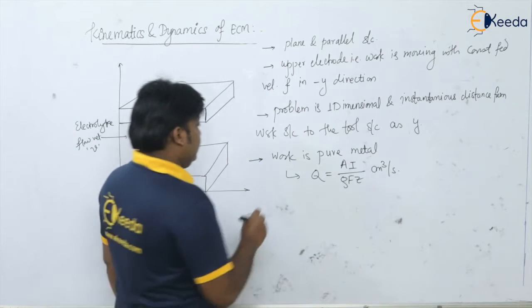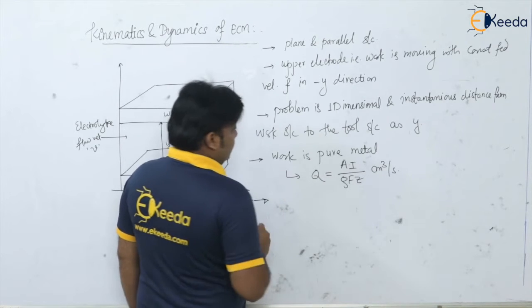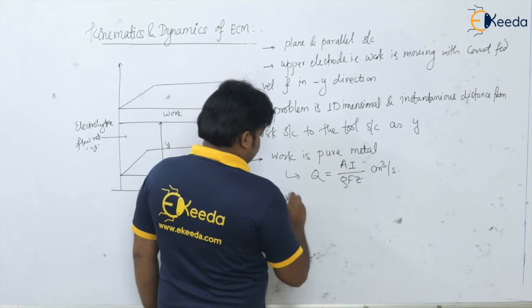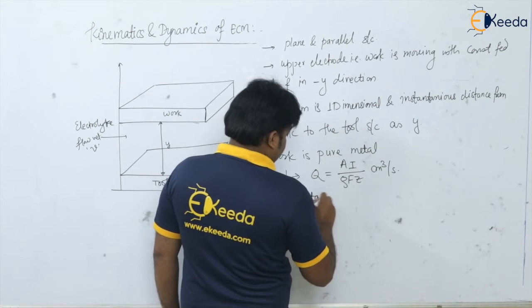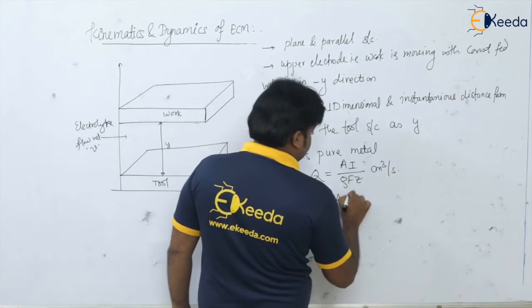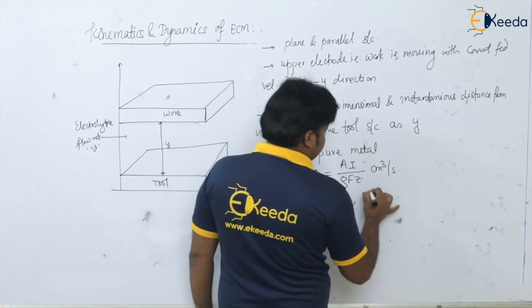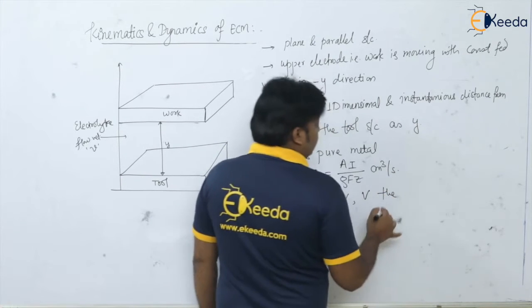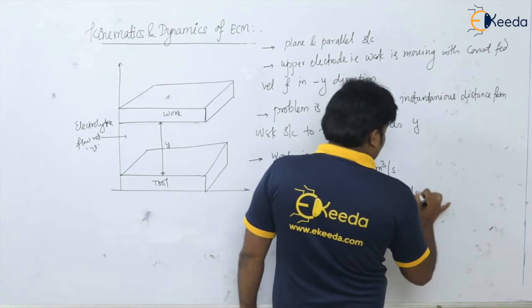And here, if we have the overvoltage across these two electrodes, that is delta V, and the applied voltage is V, then how do we get the density of flowing current?